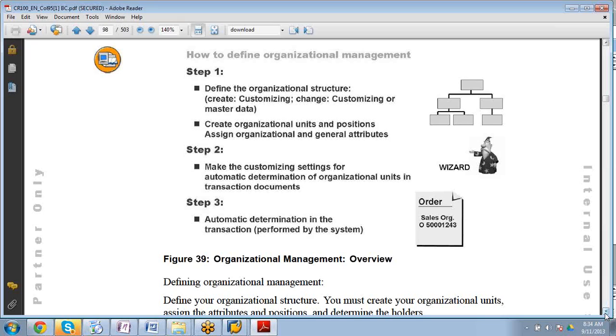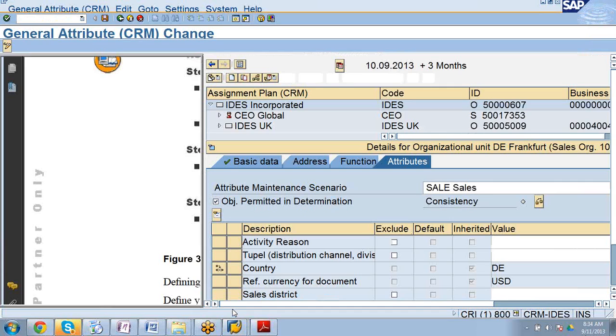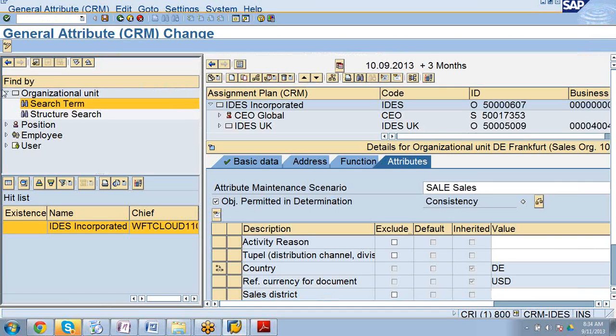Yeah. So whatever you have followed right now, each one of you, I am going to give you an org model in the standard system. So take this assignment. Go to PPOMA_CRM.